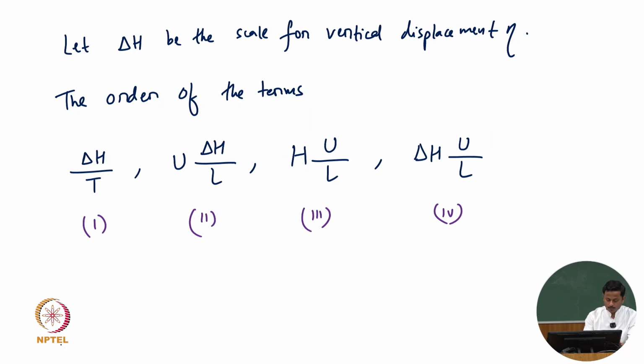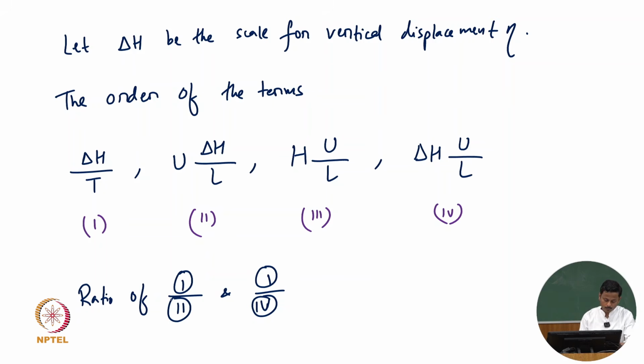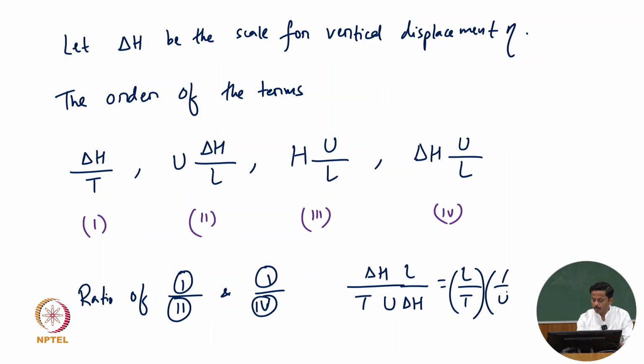Now, taking the ratio of 1 and 2, and 1 and 4, we have that delta h by t and u delta h by L. This gives us L by t times 1 by u.